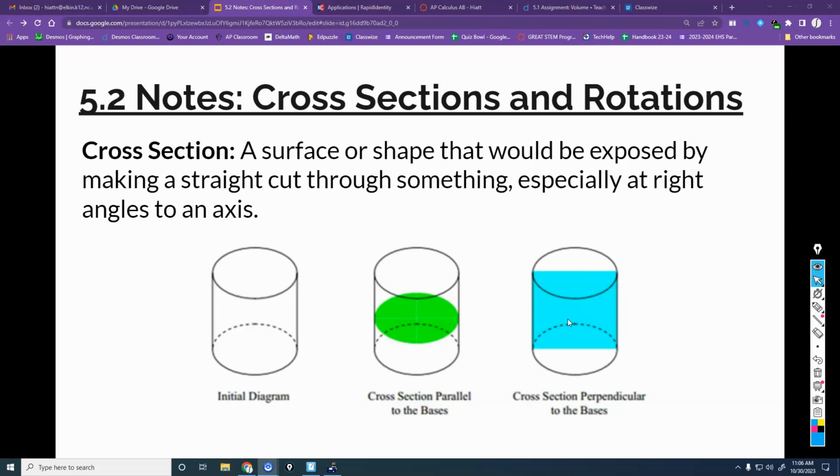If you took each one of those and chopped it up, all your cookies would be like semicircles, but it would be a rectangle. If you sliced that cookie dough right down the middle, then on that surface it would be a rectangle. So if we cut this right here, this shape would be a rectangle.